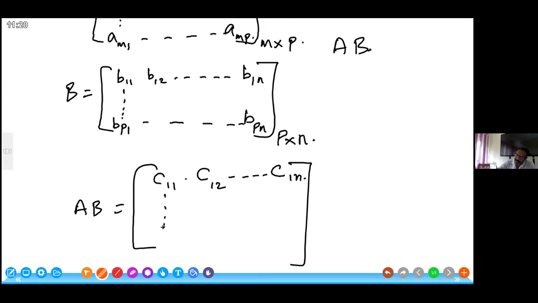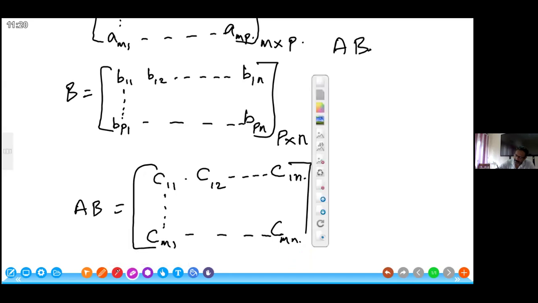Similarly here C21, C22, up to CM1, and this is CMN. So this new matrix will be given as M into N when you multiply.